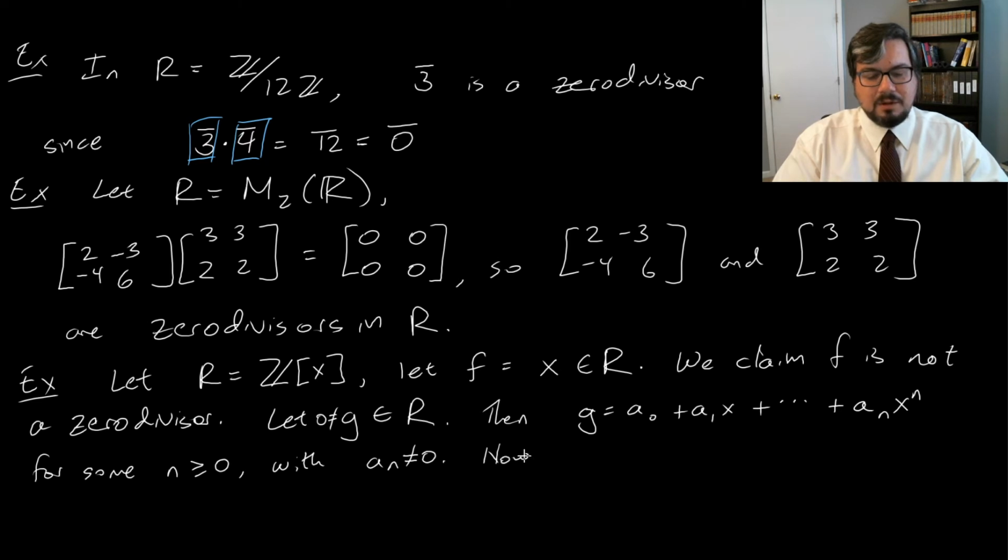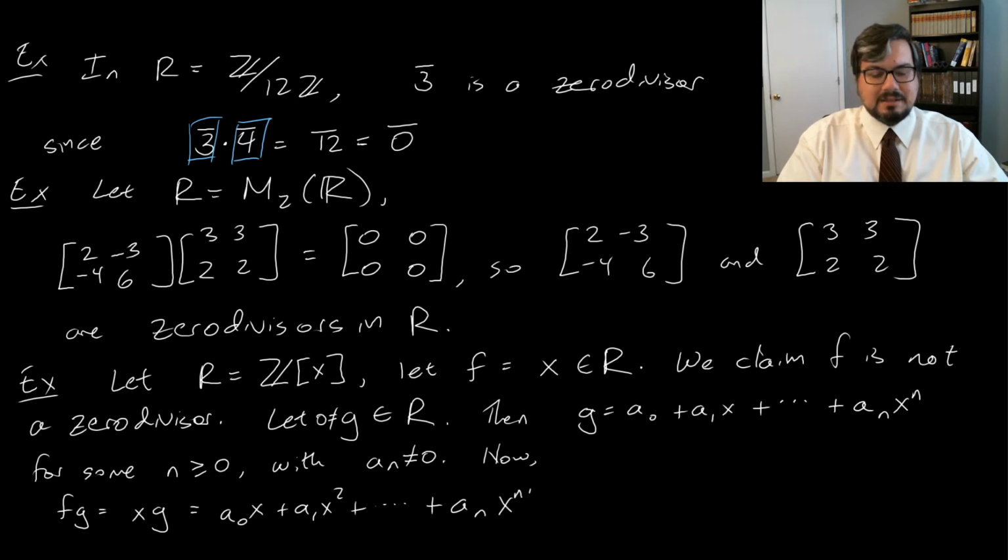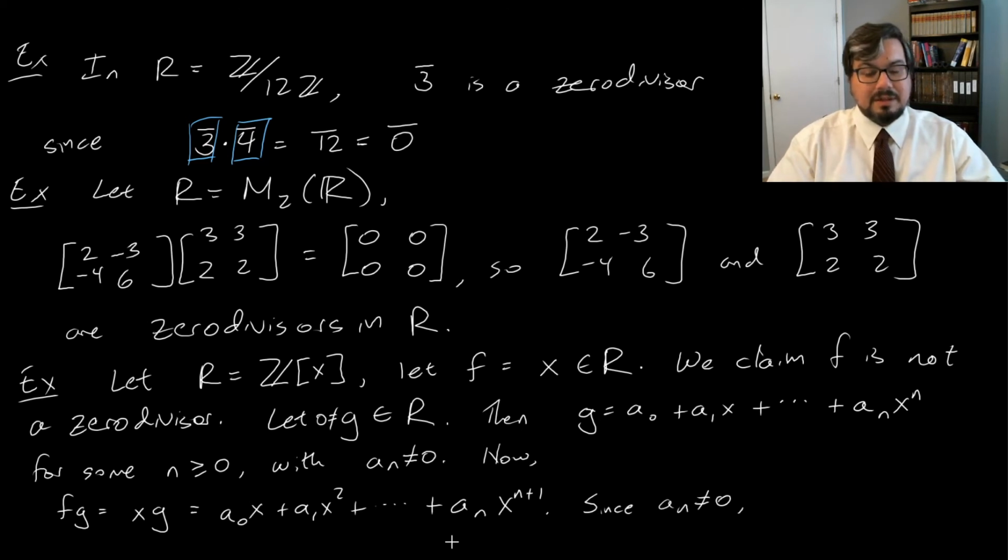So now we have that F times G is equal to X times G, because F was just equal to X, which gives us a0x plus a1x squared plus etc., up to an x to the n plus 1. Now, since an is not equal to 0, that means that this polynomial fg is not equal to 0.